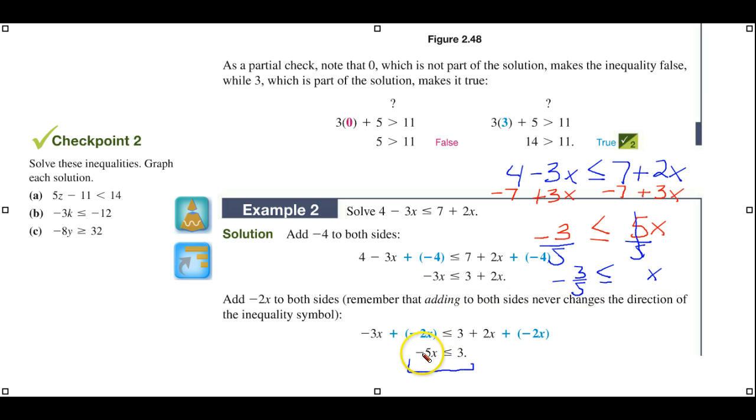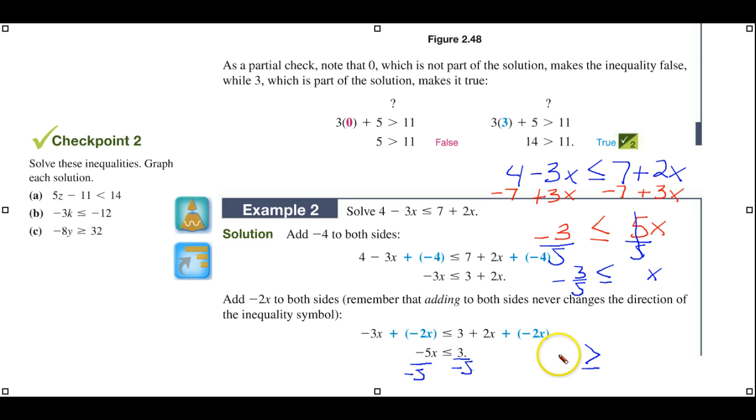Now notice if we do that down here, they did it the other way in our textbook. We're going to have to divide now by a negative 5. And to keep this true now, I have to reverse the direction of my inequality sign.